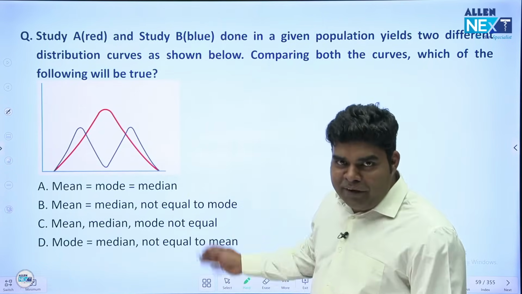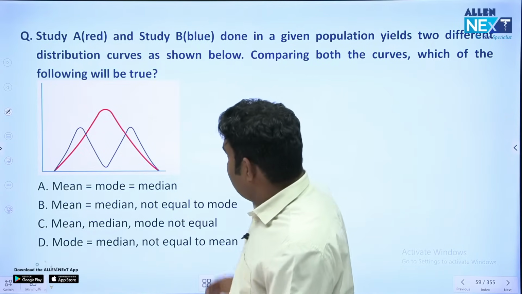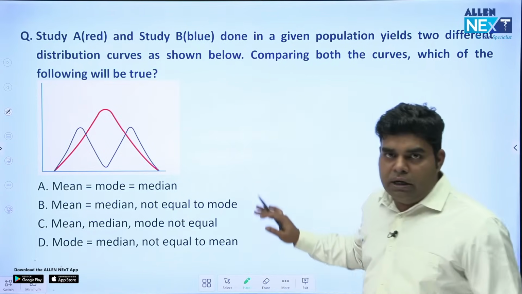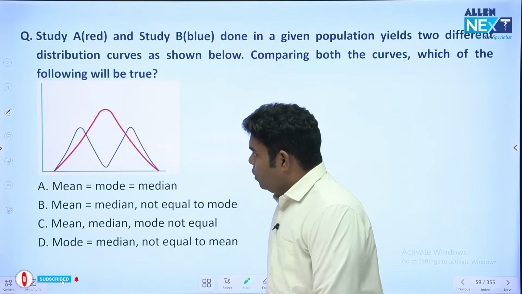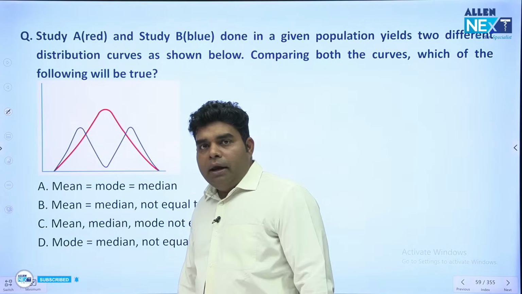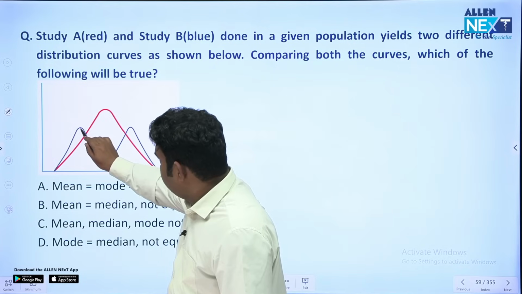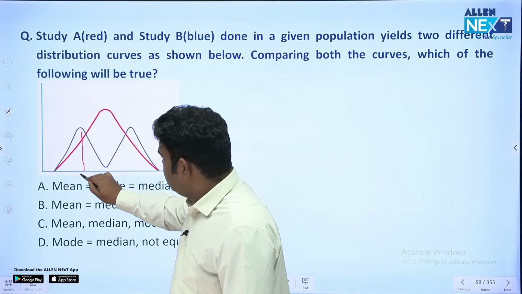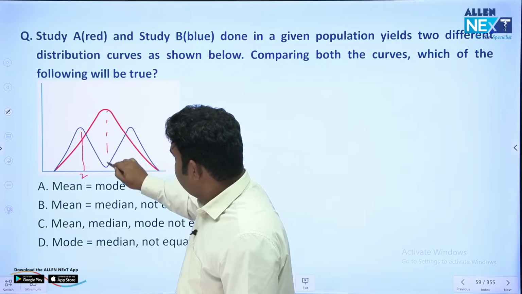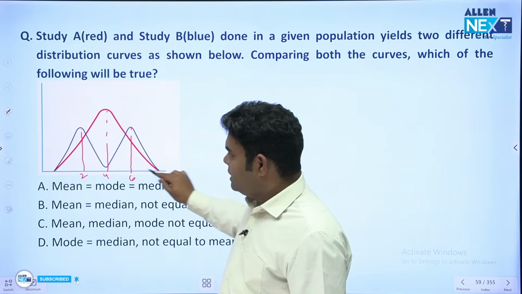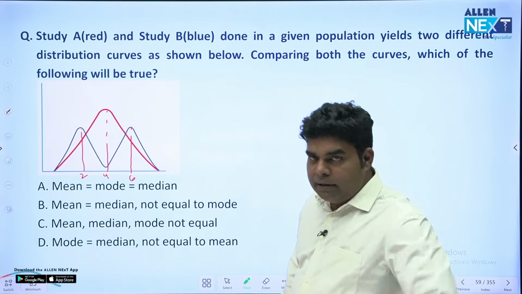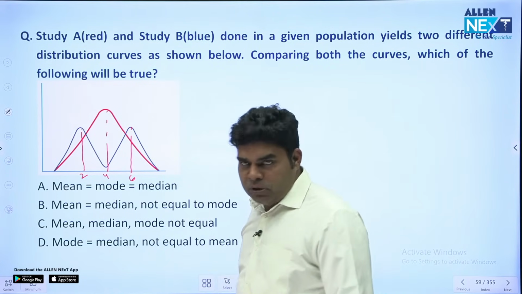This graph they have given and they have asked which out of these is true for this graph. So, let's say here we have blue curve with 2, here it is 4 and here it is 6. 2, 4, 6 are 3 digits which are coming, suppose.